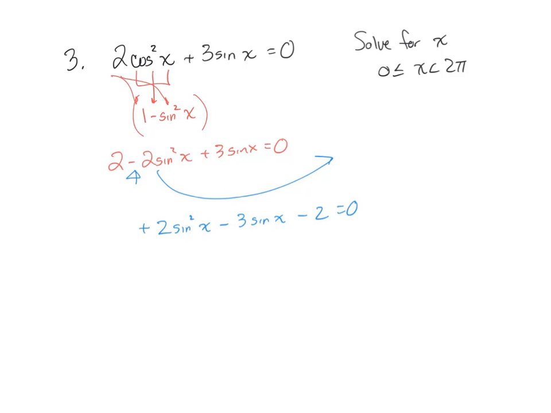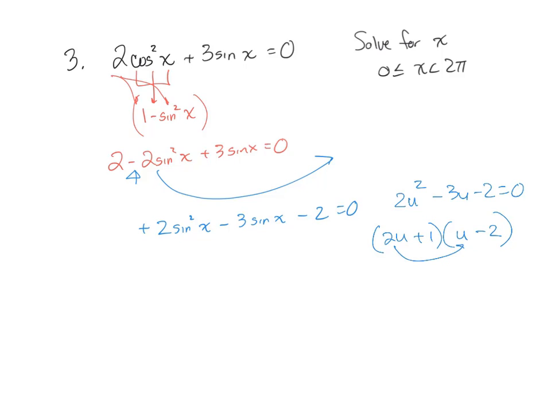It kind of looks like 2u squared minus 3u minus 2 is equal to 0. So if I was going to factor that, I'd have a 2u here and a u here. I need a minus 2 somewhere. I'm not quite sure where. Let's do a guess and check.